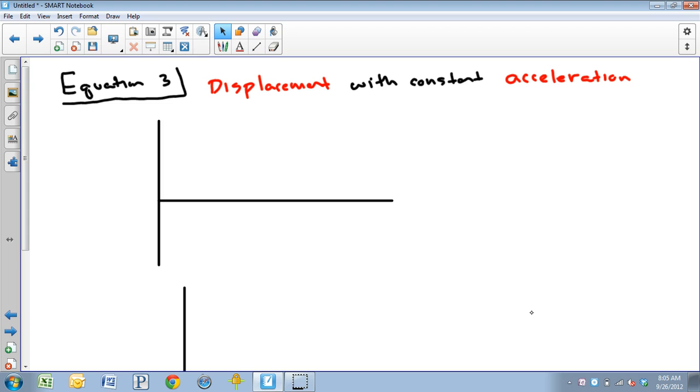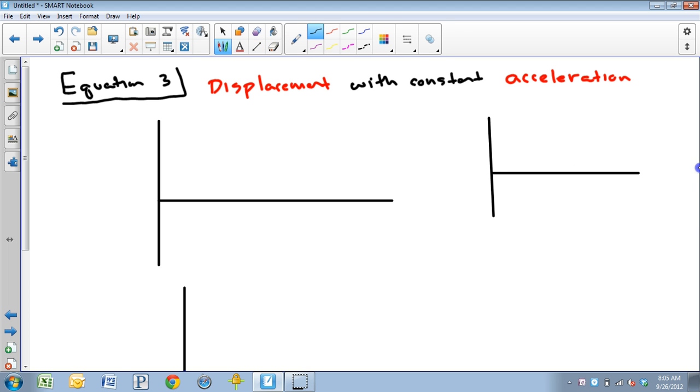Now we get into something a little bit trickier, which is displacement with constant acceleration. Now, if we were to look at a displacement versus time graph of an object going with constant acceleration, because the slope of the graph represents the velocity, constant acceleration means that we're having an ever-increasing velocity. So an object with constant acceleration might look something like this, where it's going to be speeding up and speeding up.